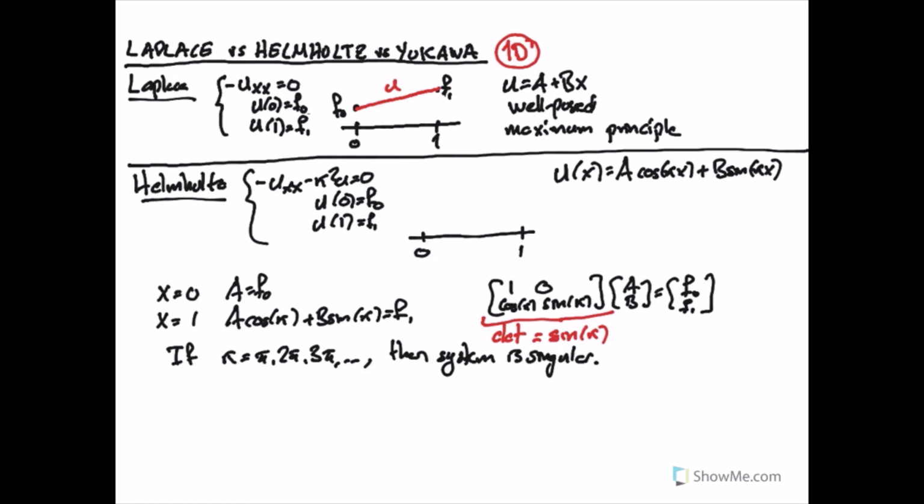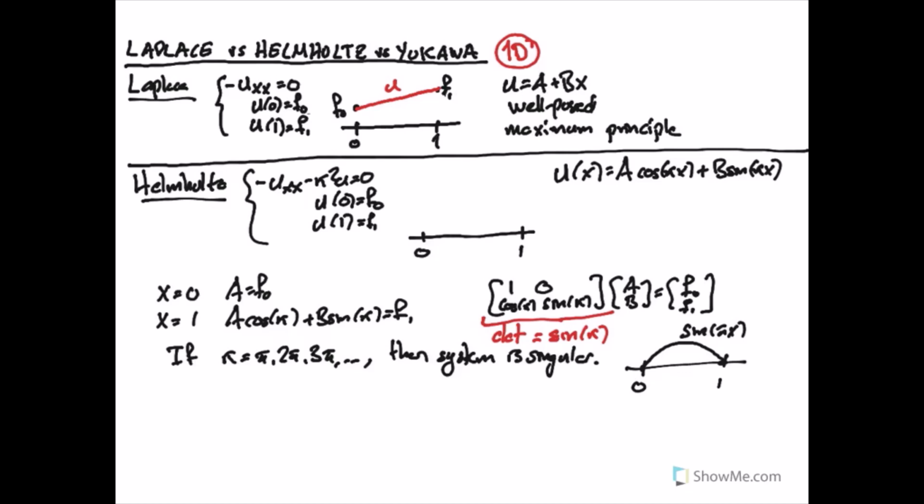So what does this mean? We know precisely what this means. For instance, the first singularity looks like this. This is sine pi x, and we see the problem that happens if you're at one of these bad points, kappa equal to pi: you can have 0 Dirichlet data and a non-zero solution. Which of course means that if you have permissible Dirichlet data, then you can always add a solution like this.